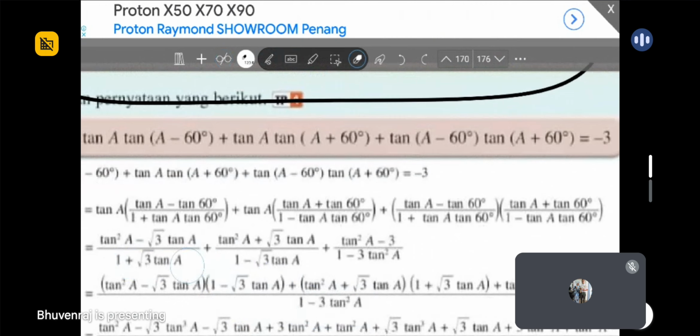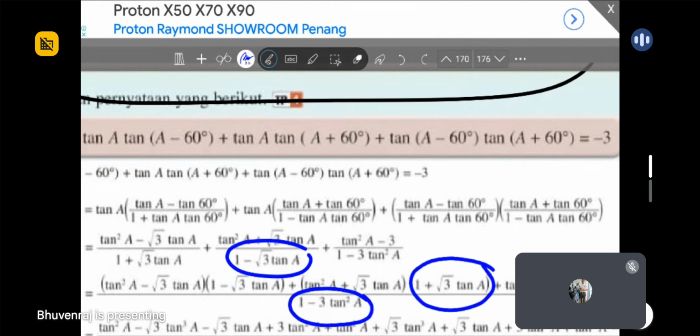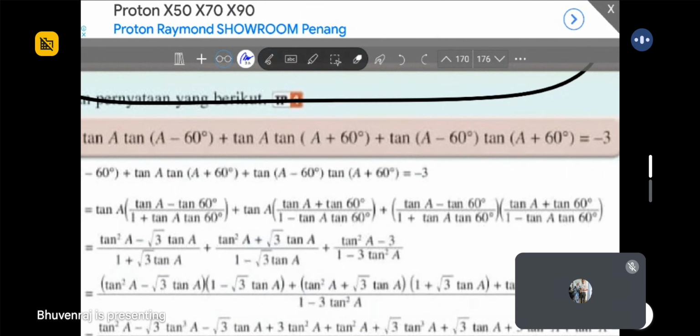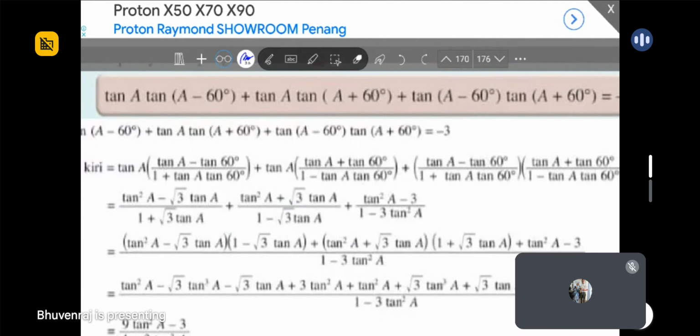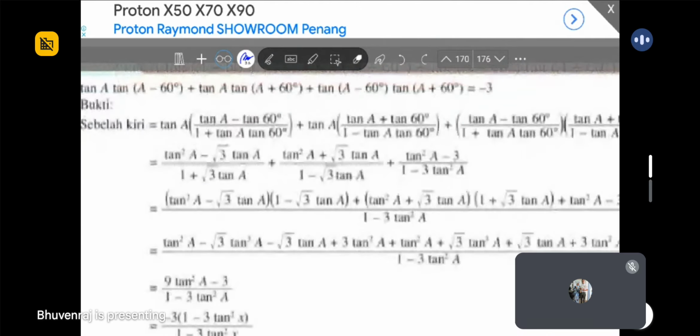Same concept over here. Okay, so you can see 1 minus 3 tangent A, 1 minus 3 squared tangent squared A. How to connect them? Macam mana hubungkan? 1 plus 3 tangent A. Symbol sahaja tukar. Only change the symbol. Alright? And then you can simplify everything, permudahkan.